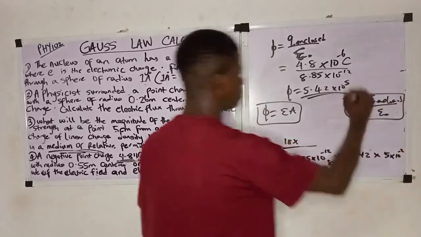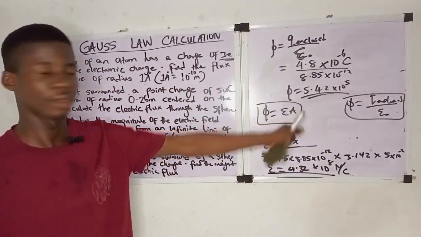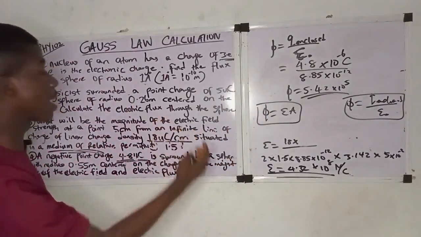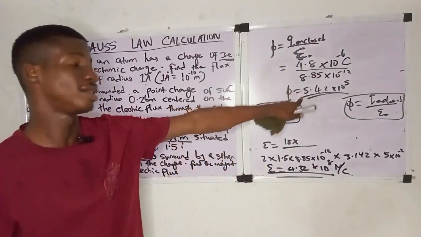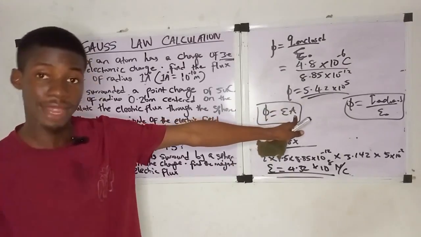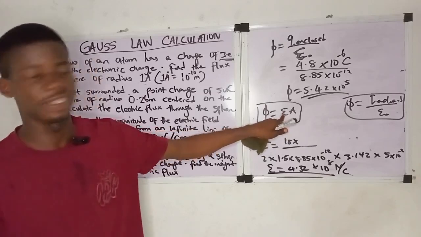So electric flux equals electric field times area. We have our electric flux, we need to get our area, then we use these two to get the electric field.